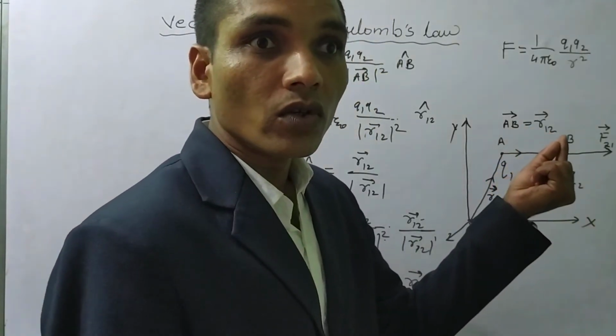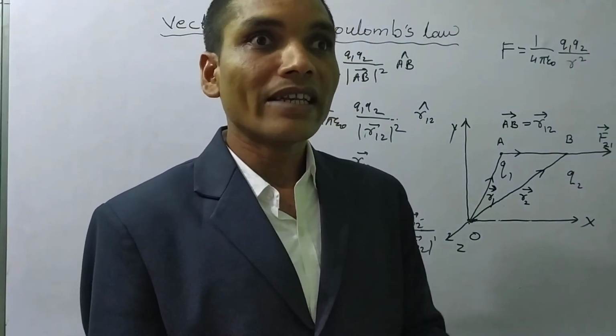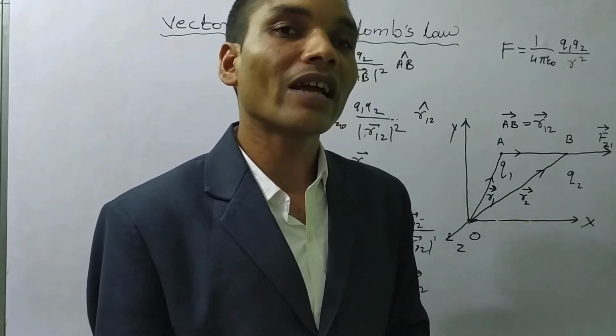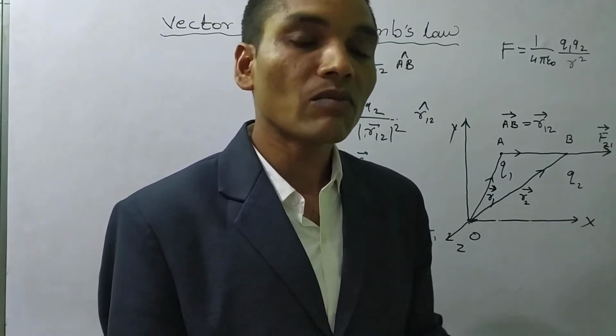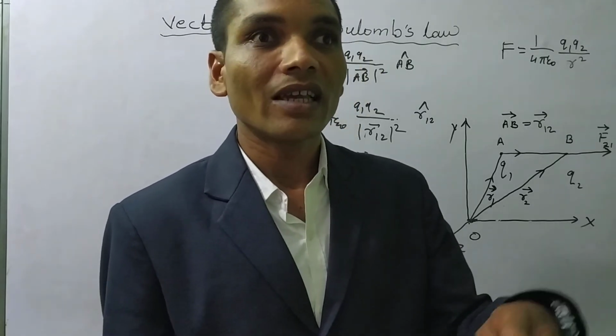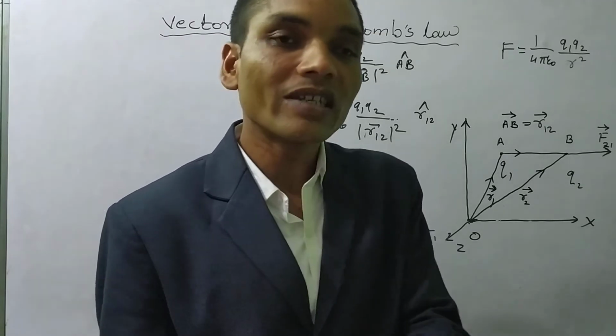How? Do you know what the triangle law of vector addition is? In any triangle, the sum of the vectors in the same direction is equal to the vector in the opposite direction.